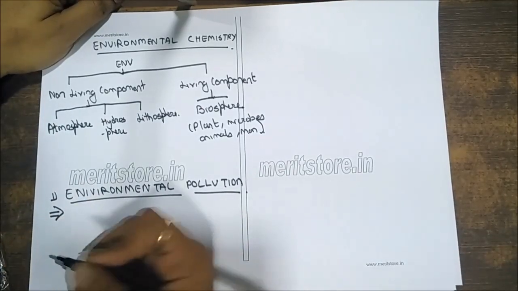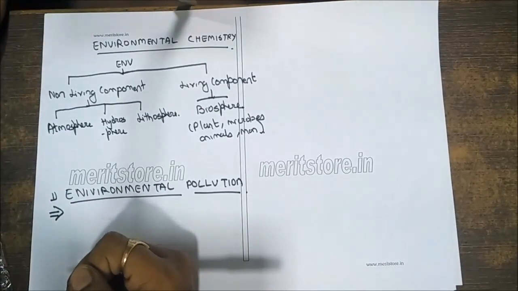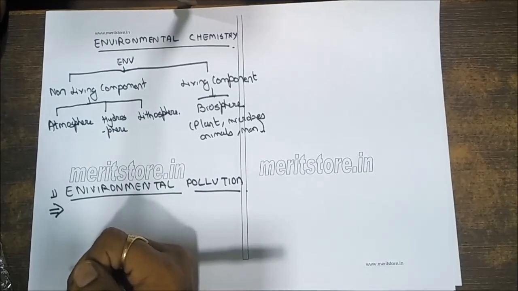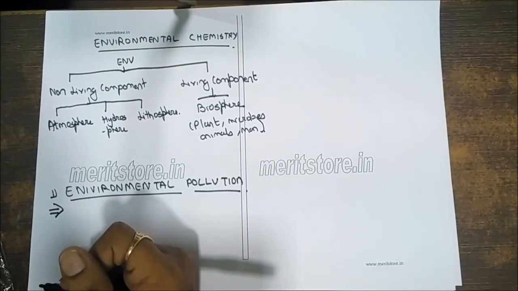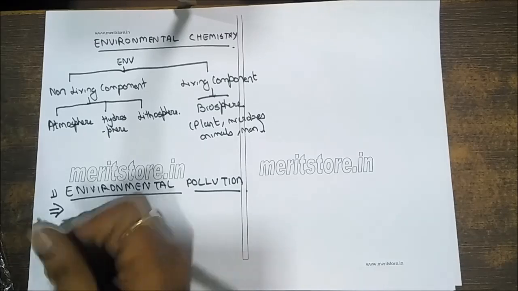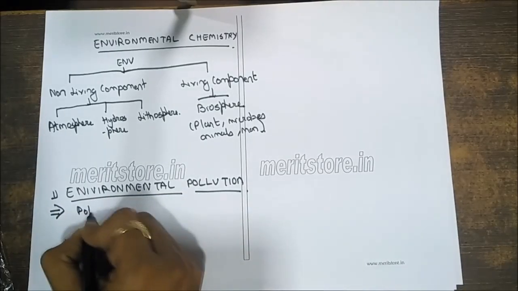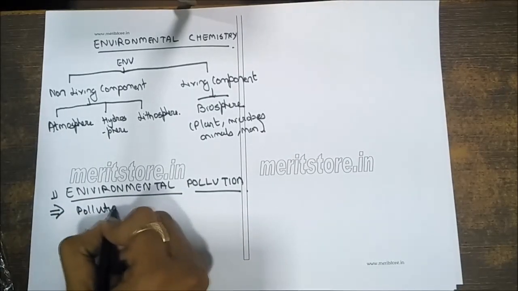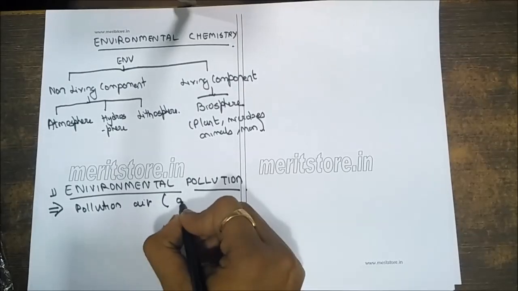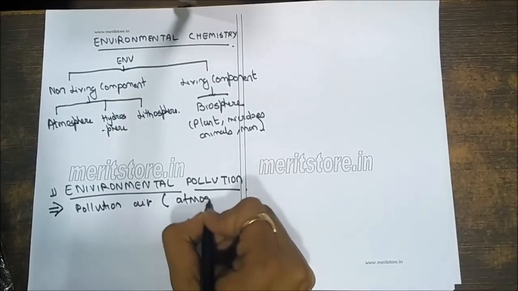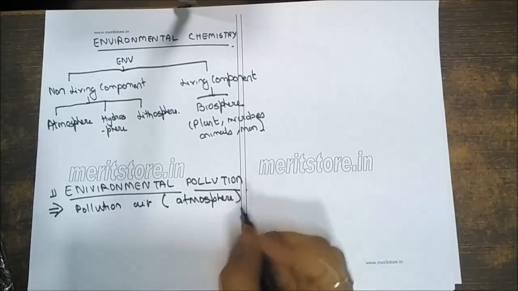So what's pollution? Pollution is the contamination or degradation of the environment. Now this pollution is basically divided into three types. First, the pollution of air, which would be the pollution of atmosphere.